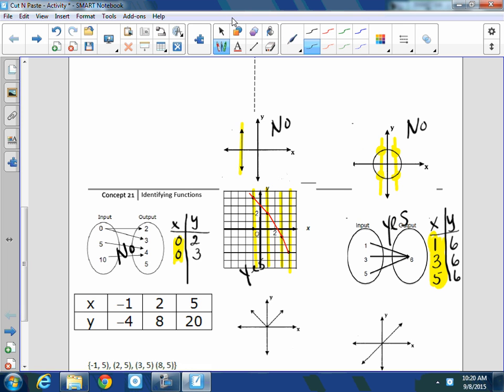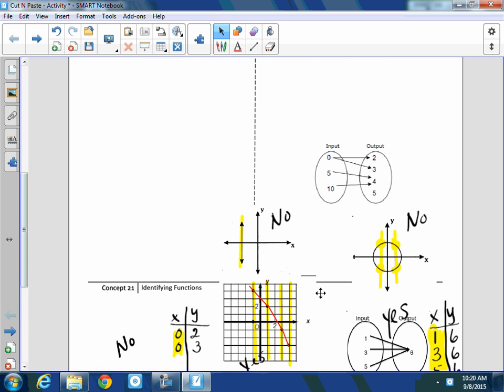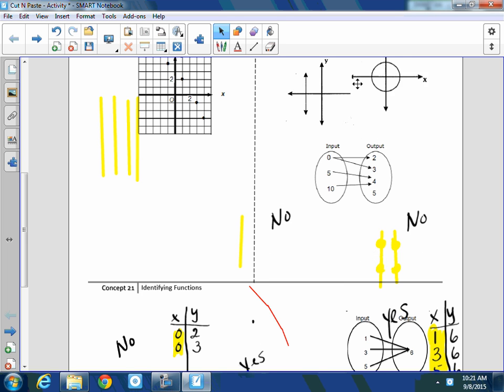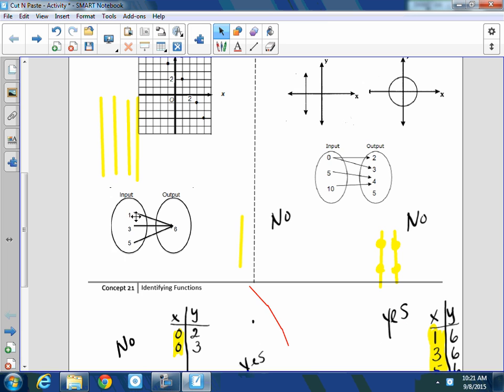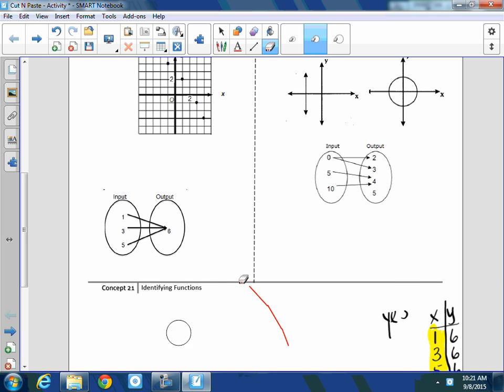Alright, I'm going to go ahead and start moving them. That was a no, so it goes over here. That was a yes, so it goes over here. This was a no, this was a no, and this was a yes, so that I can have that mess out of the way.